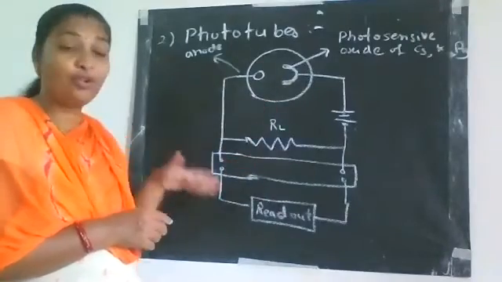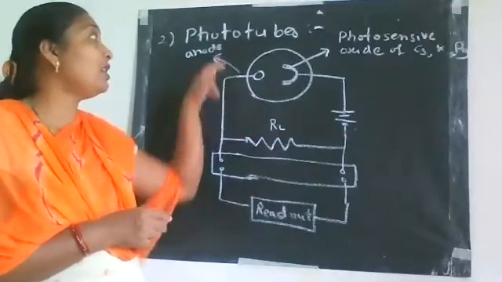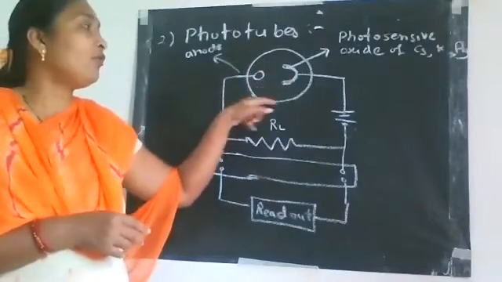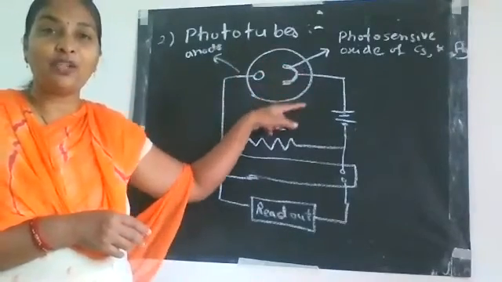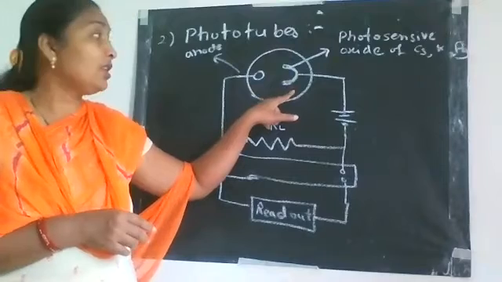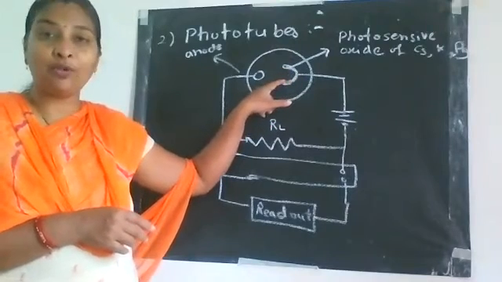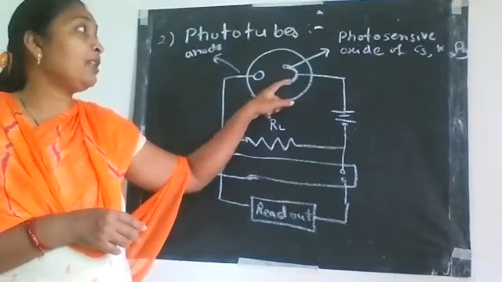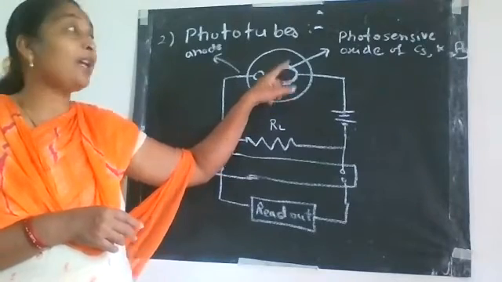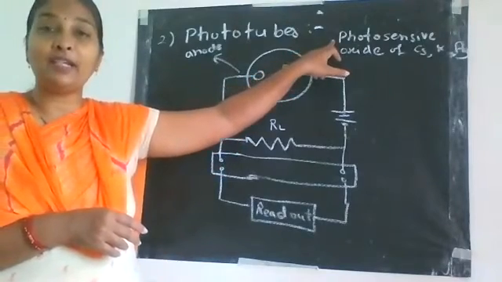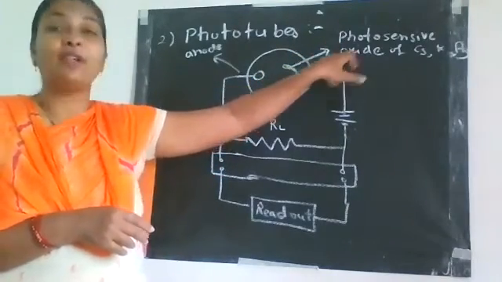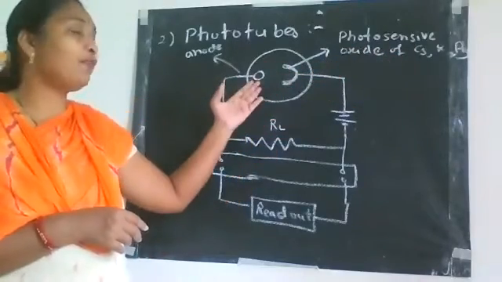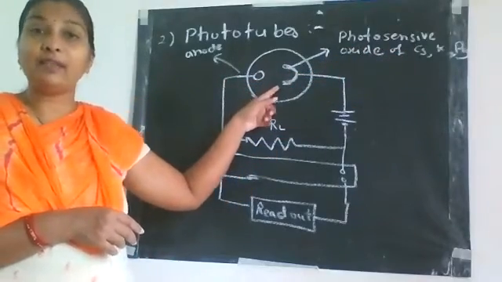So this is the whole overall construction of the phototube. Once again I am repeating. The phototube consists of one evacuated bulb in which a cylindrical cathode made of metal is fitted. The inner lining of that cathode is lined by the photosensitive material, an oxide of cesium, potassium or silver. Now in front of that a metal ring is fitted.